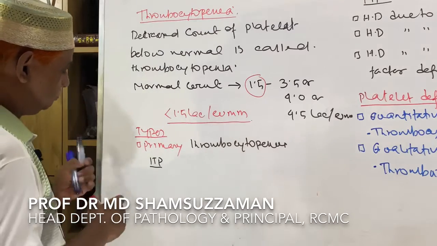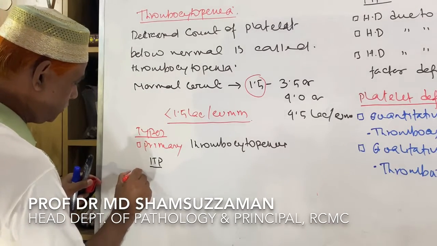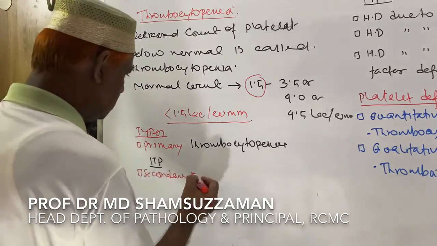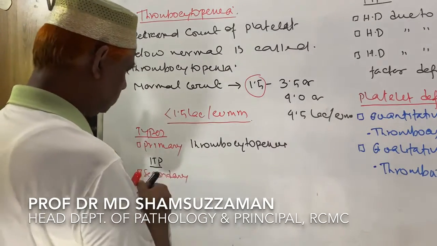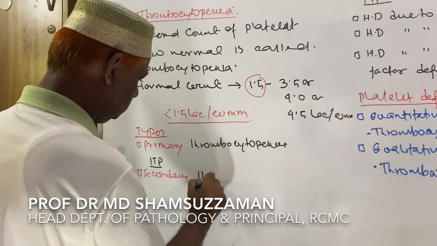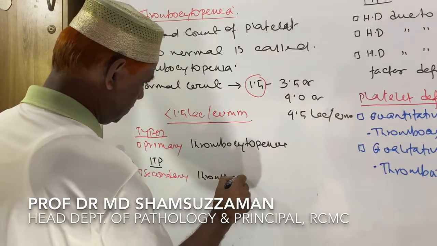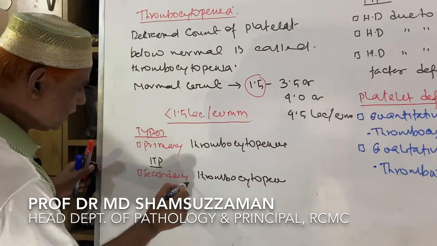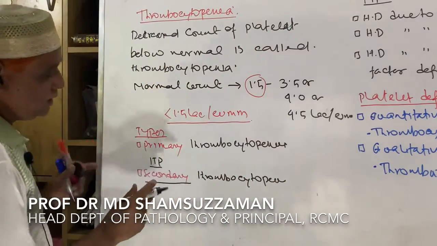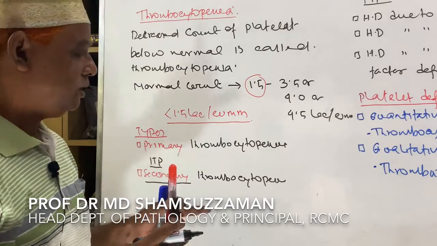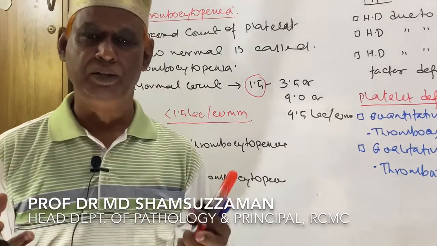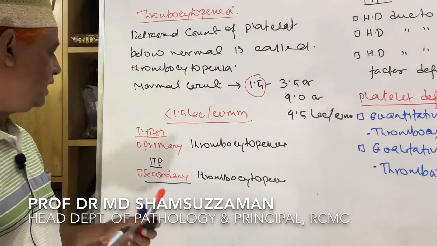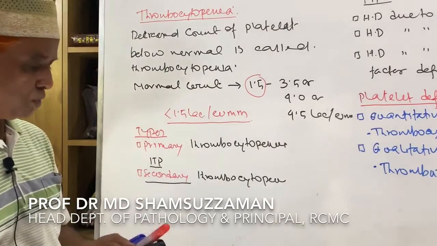Another is secondary thrombocytopenia. This secondary thrombocytopenia is due to certain diseases. Following certain diseases there is thrombocytopenia, and it is called secondary thrombocytopenia.